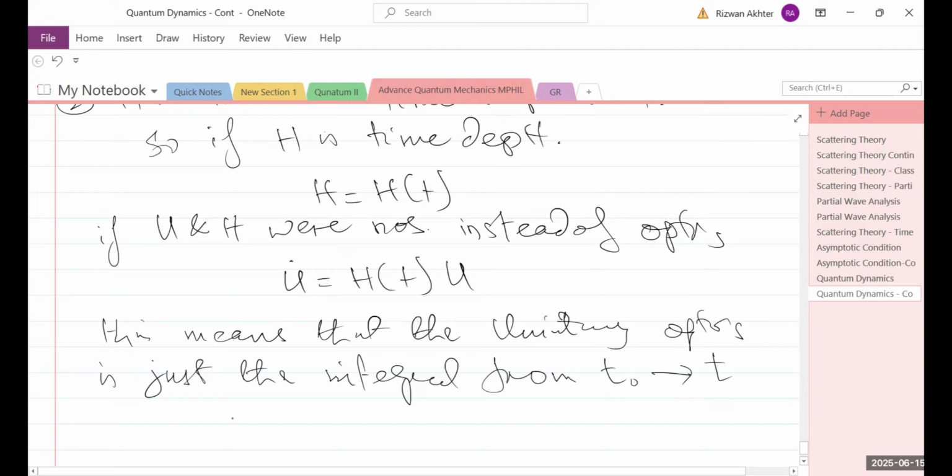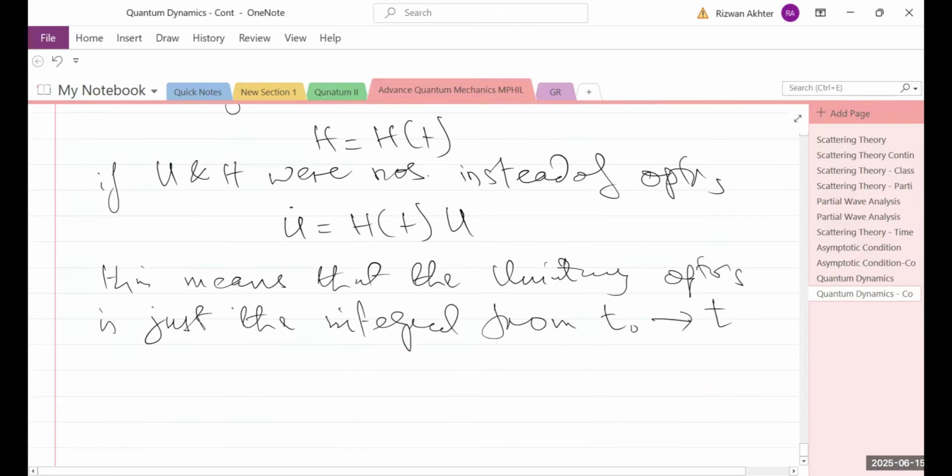So what will we have for U of t? Now we would say the unitary operator U which goes from time t naught to t.